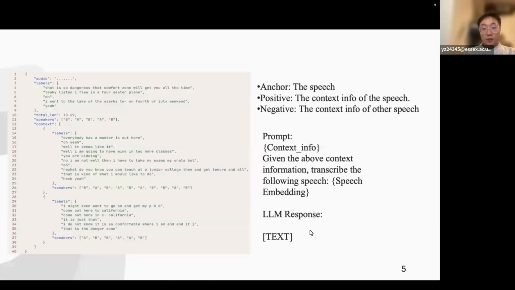In our setting, the anchor should be the current speech that needs to be transcribed, the positive should be the context info of the current speech, and the negative sample should be the context info of other speech. And the input of our system should be the context info followed by our task-specific prompt, given the above context information, transcribe the following speech, and followed by the speech embeddings. After getting this input, the LLM will generate the transcriptions.